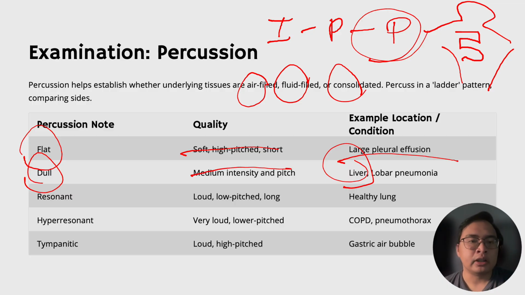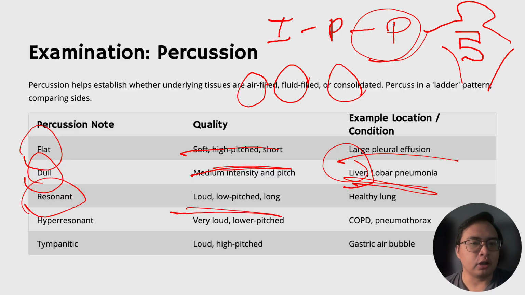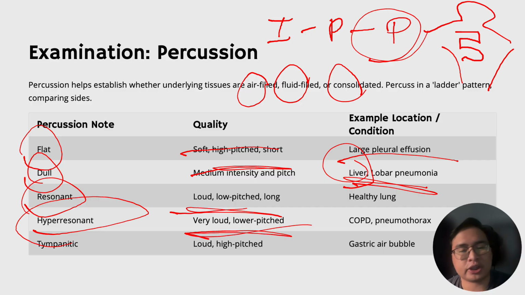Okay? So the healthy lung is air-filled, right? So it's going to be resonant. Meaning it's going to be loud, low-pitched, and long. Okay? But there are some conditions in which the lungs are hyperinflated. For example, in chronic obstructive pulmonary disease or COPD. So there, the percussion sound is going to be hyperresonant. It's going to be very loud and lower pitched.